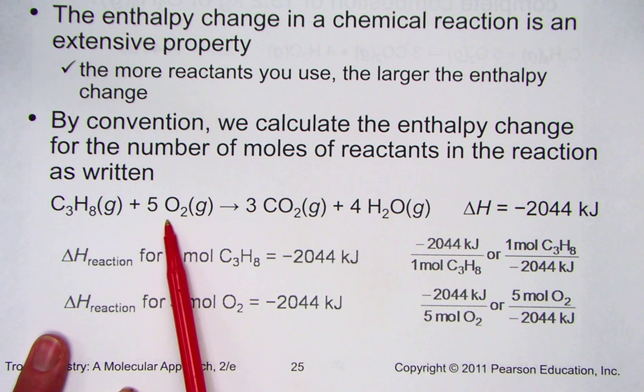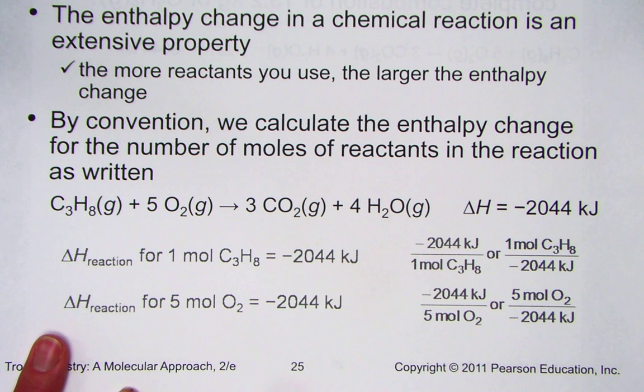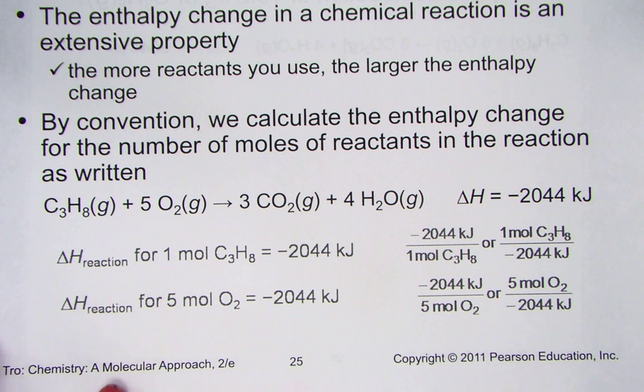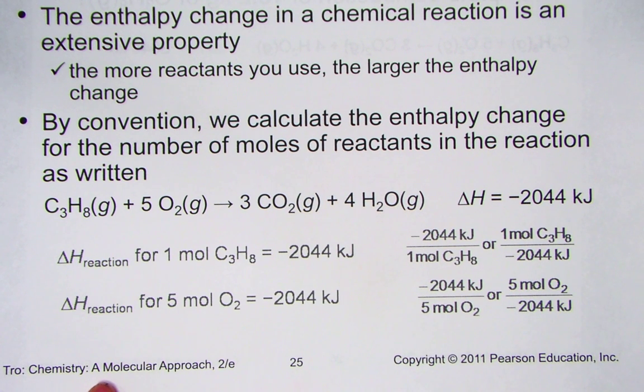Or, for every 5 moles of oxygen that combust, 2,044 kilojoules of heat is released. What we're reminding ourselves is that delta H is just like any other part of the balanced equation and can be placed into any stoichiometric ratio with want over given, grabbing kilojoules per mole.